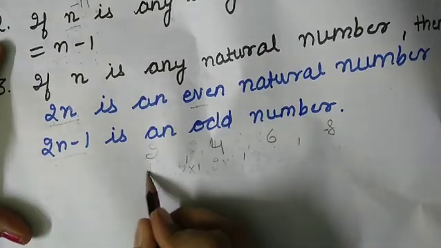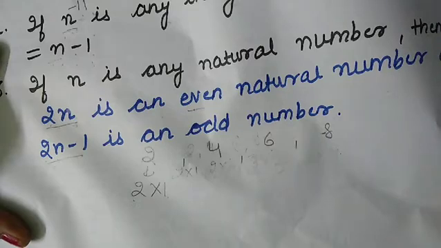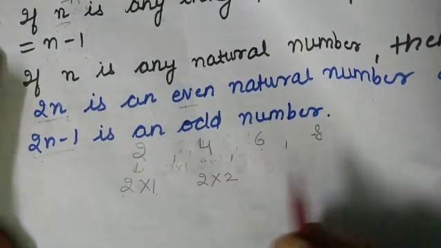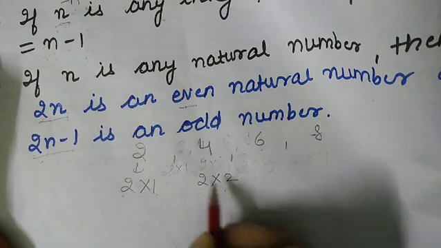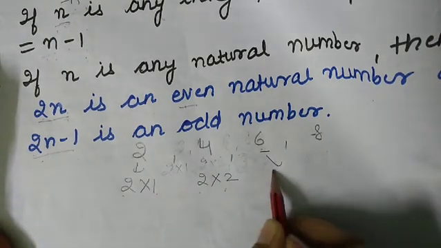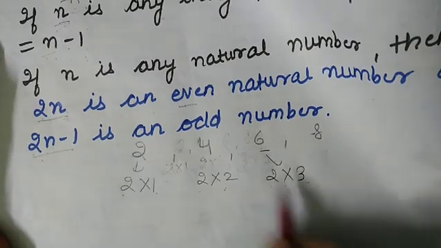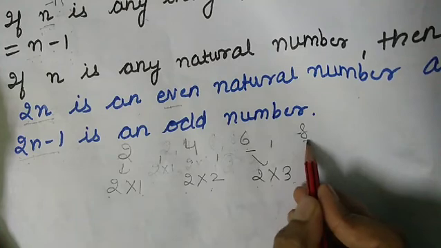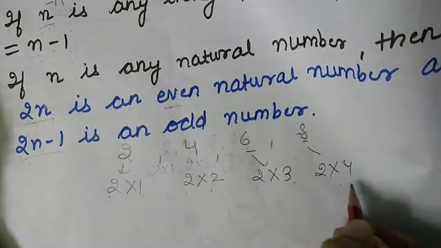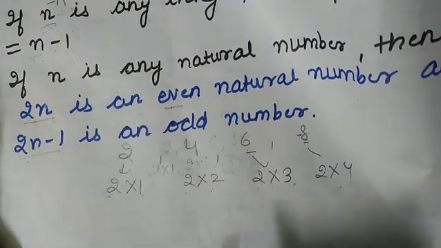In factor form, 2 can be written as 2 into 1, because 2 into 1 is 2. 4 can be written as 2 into 2, because 2 into 2 is 4. 6 can be written as 2 into 3, because 2 into 3 is 6. 8 can be written as 2 into 4, because 2 into 4 is also 8.